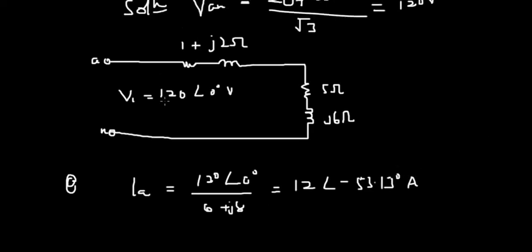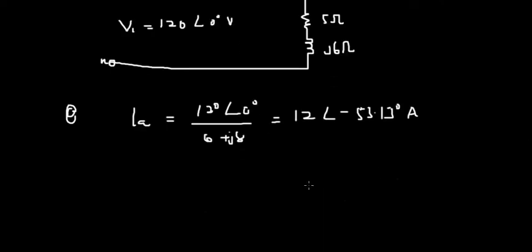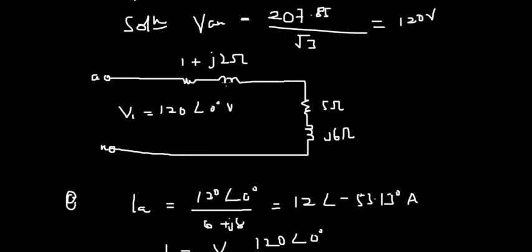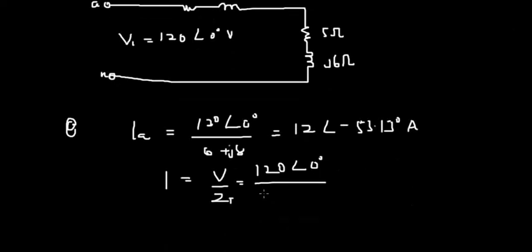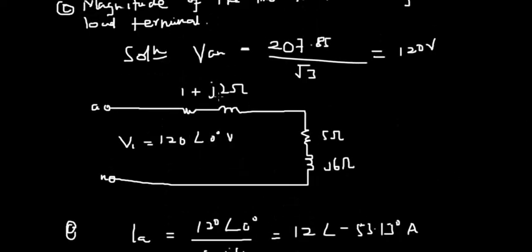Now we already know this voltage, and we know this impedance and then this impedance. So all we are doing is implementing I equal to V over Z total. So this is 120 at 0 degrees divided by 1 plus 5, we are just adding, so we have 1 plus 5, that's 6, and then we have 2 plus 6.